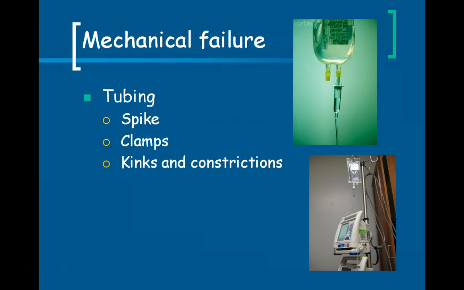The spike needs to be all the way in the bag of fluid or the bottle of fluid, or the holes won't be completely open on the IV tubing spike and it may not flow right. So make sure that it's inserted all the way. Make sure the clamps are all open, and look for any kinks or constrictions. And what might happen is if the patient rolls over on the IV tubing, or the tubing gets caught in the side rail, or gets caught in the pump clamp, that can cause issues.